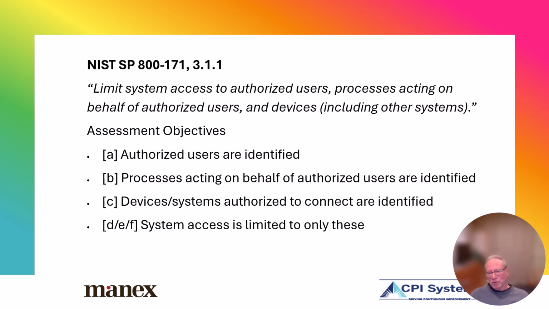In short, only the right people, the right processes, including service accounts and automation, and the right devices should ever be able to access your CUI or the systems that handle it. And if you can't prove this, you're not compliant. And we'll talk about how those authorized people are identified and documented.